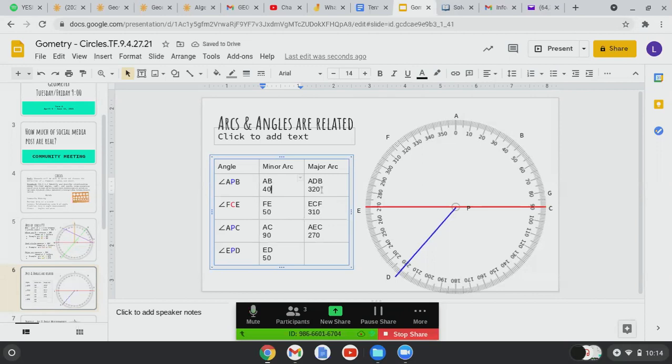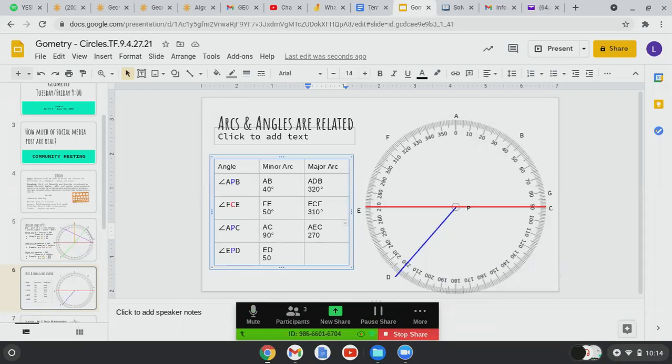All right, so if the minor arc is 50 degrees, what's the measure of the major arc? 310. 310 all day. What are we going to name it?